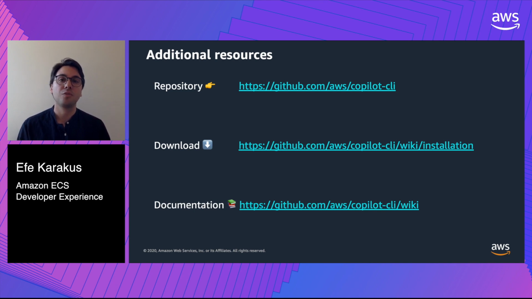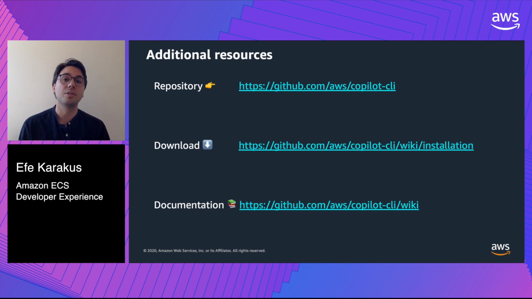Awesome. So before we end the talk, I just want to talk about some of the additional work that we are doing that's going to come in the future. One thing that we want to do is importing resources to your environment, right? For example, if you have already an ECS cluster, if you have already a VPC that's available to you, you'll be able to import these resources to your environment.